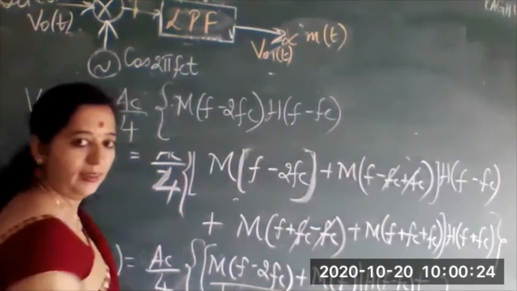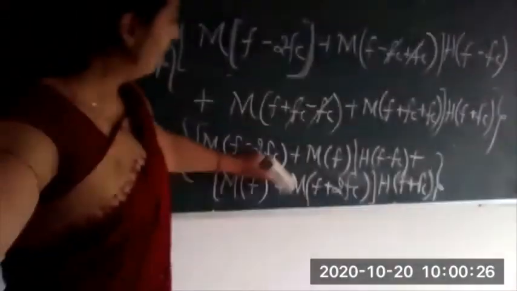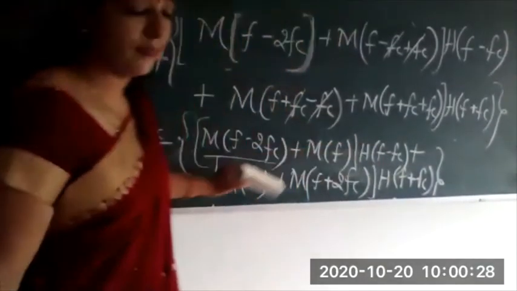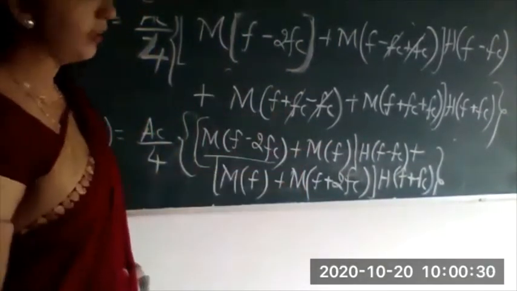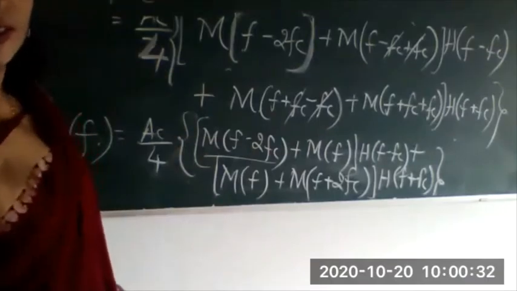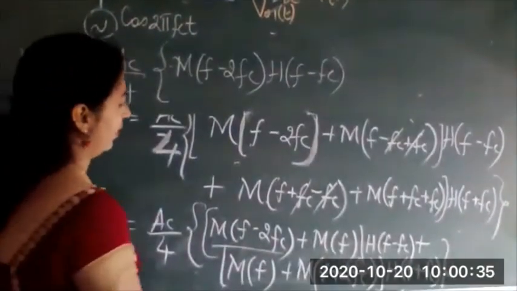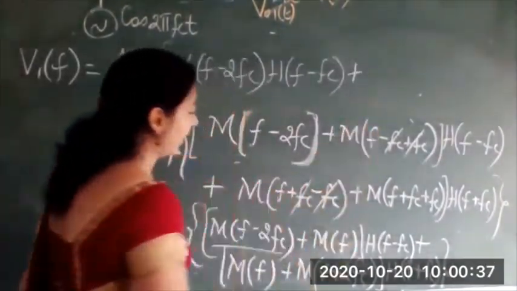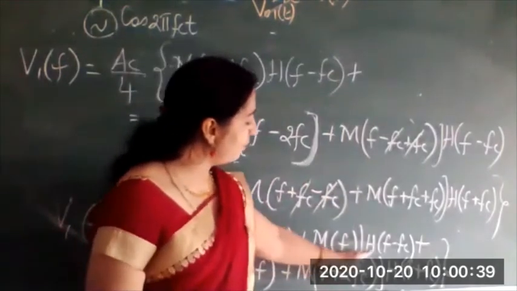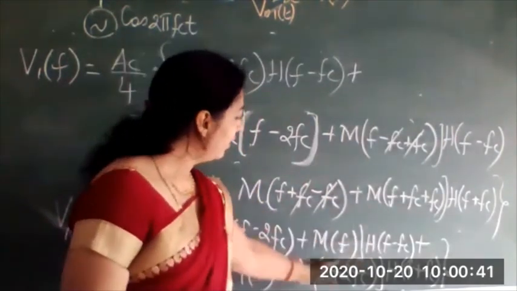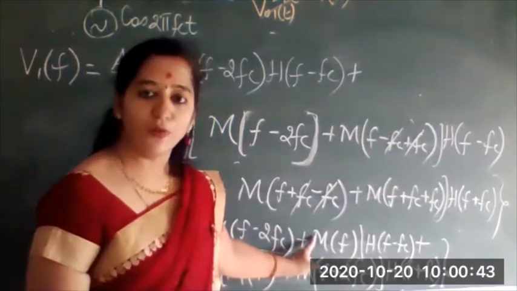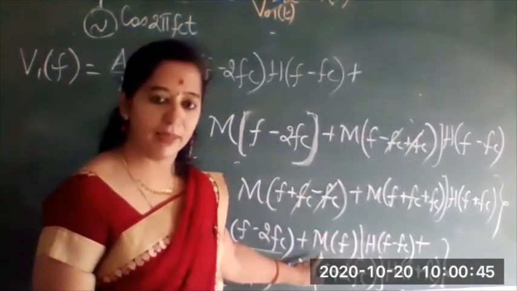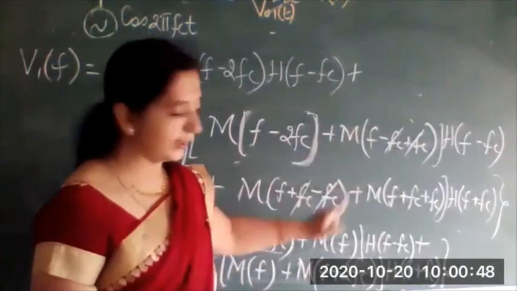I am multiplying this term with H(f - fc). It was outside the bracket, so just multiply. Next, the second term what I have here, M(f) into H(f - fc). This M(f) is the low frequency message, the required message. So we'll write it in the next step.